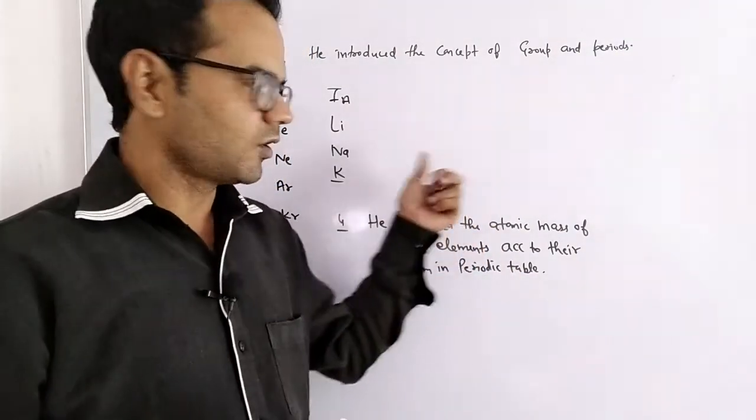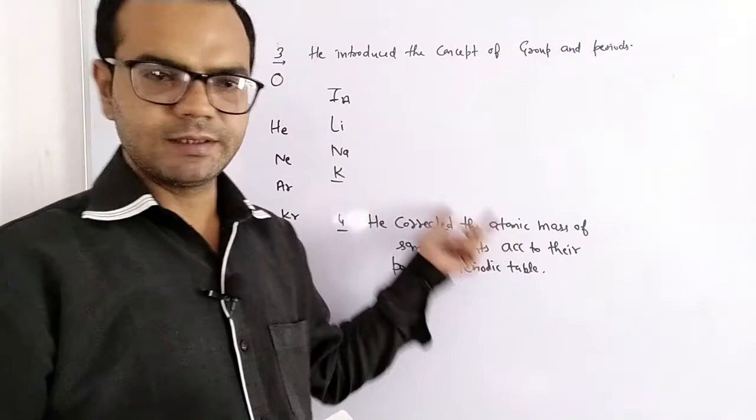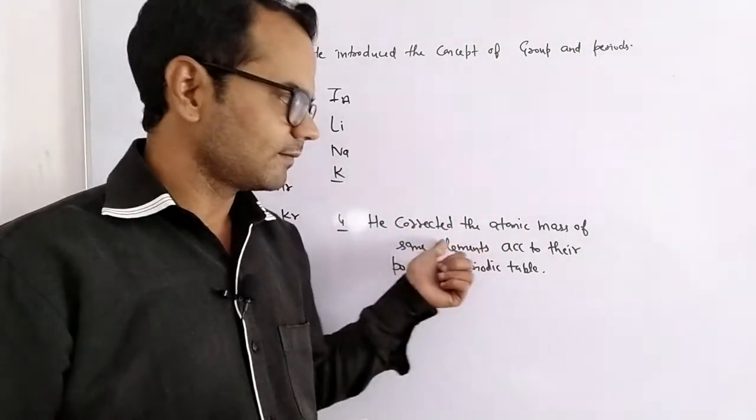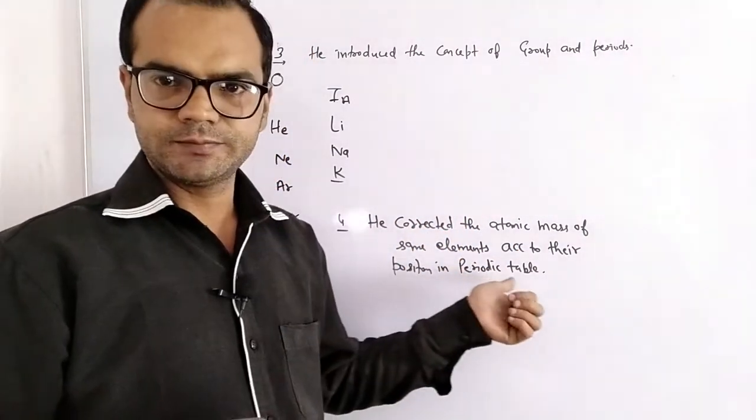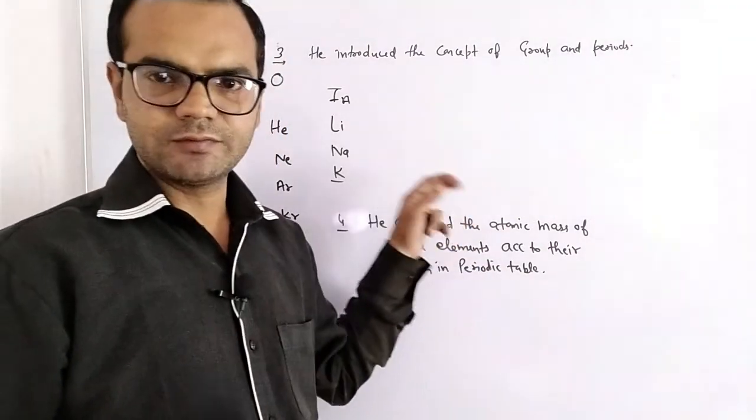Before Mendeleev, their atomic mass was inaccurate, but Mendeleev corrected the atomic mass of some elements according to their position in a periodic table. So these are the achievements of Mendeleev.